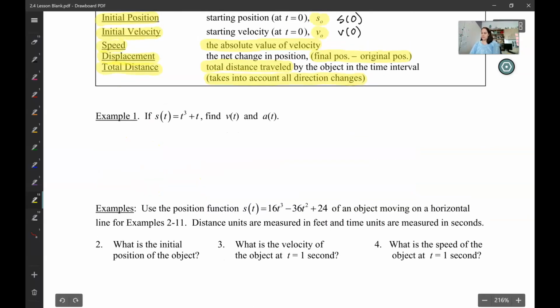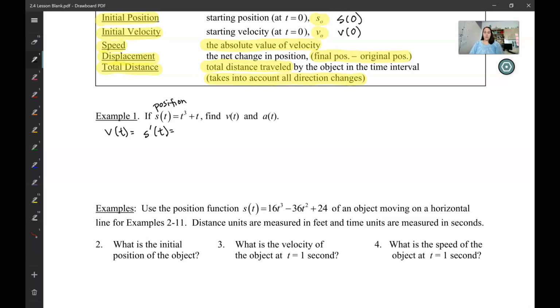Let's start to practice a little bit. So I have this equation. Because it's S of t, I can assume this is a position equation. It says find V of t and A of t. So V of t is going to be S prime of t, so I need to take the derivative of my position. So I look at t cubed.